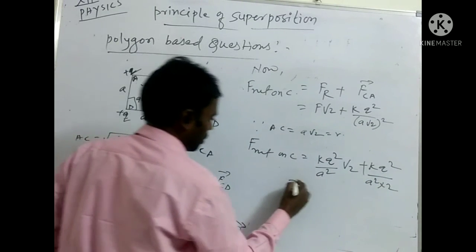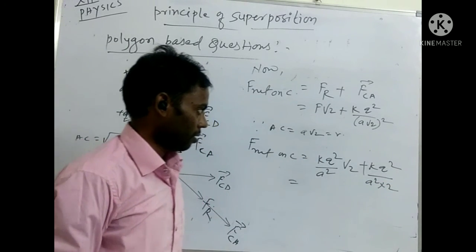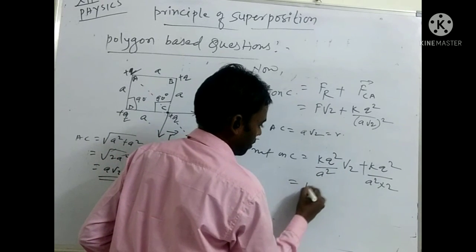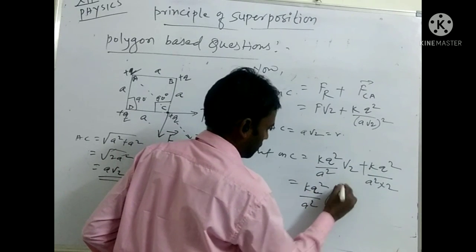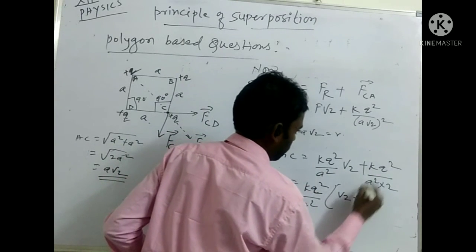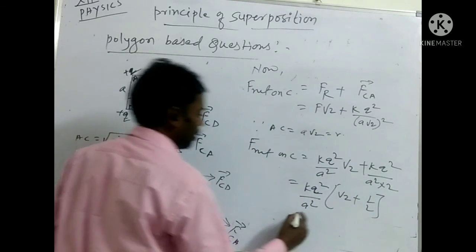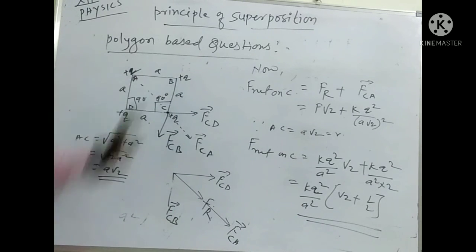Then some terms cancel out, and taking common kQ square by a square, we get root 2 plus 1 by 2. This is the final answer according to this question.